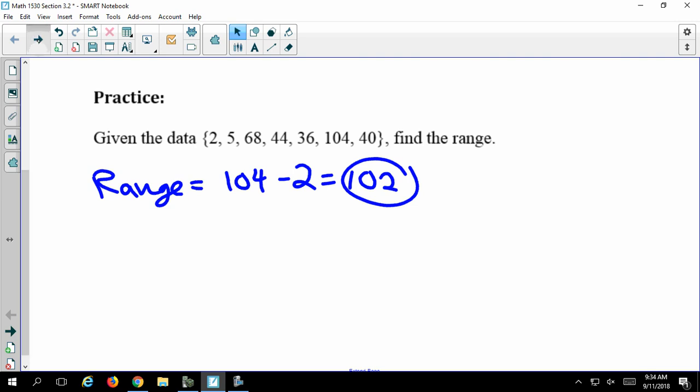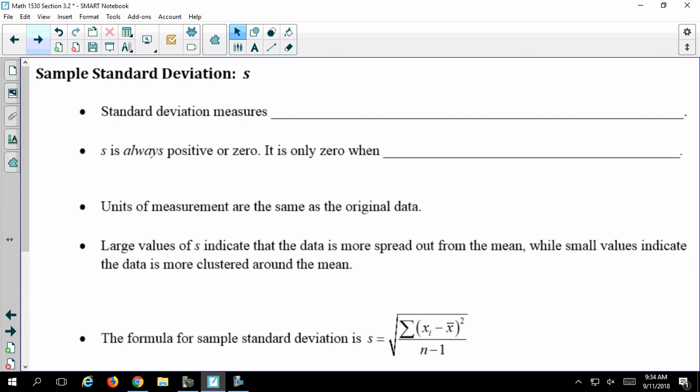Okay. So to go from something very easy to something very difficult. The difficult one is the standard deviation. We're going to differentiate between a sample standard deviation and a population standard deviation. One's a statistic and one is a parameter, right?